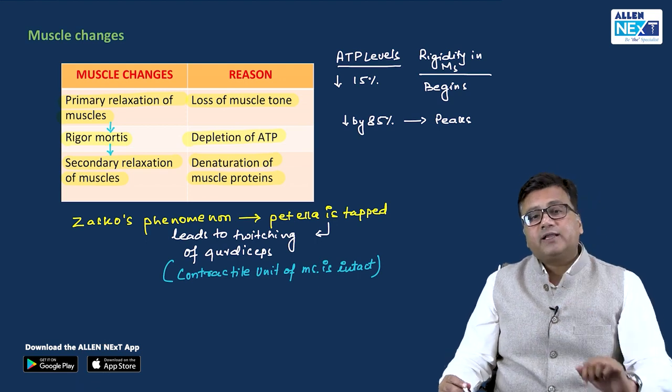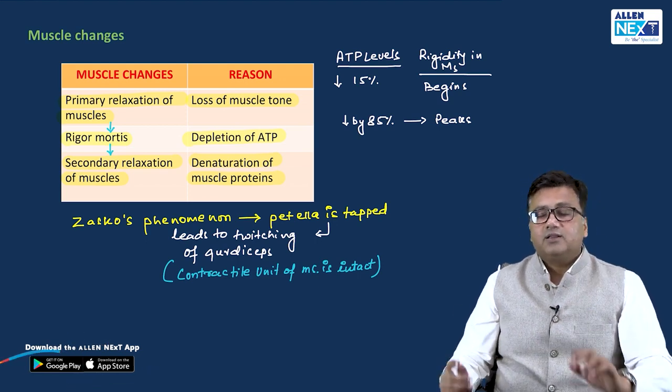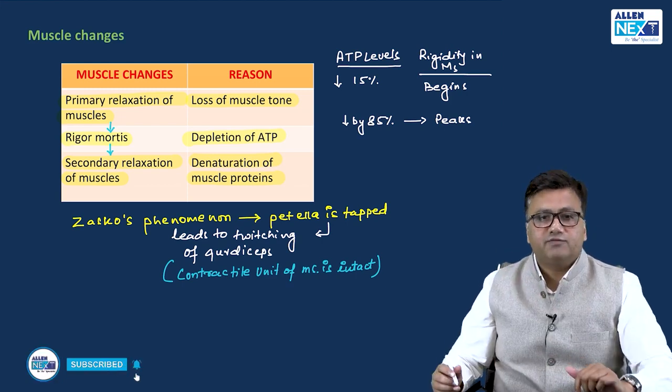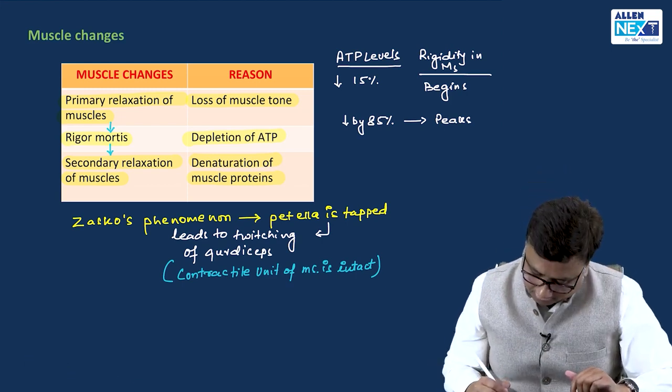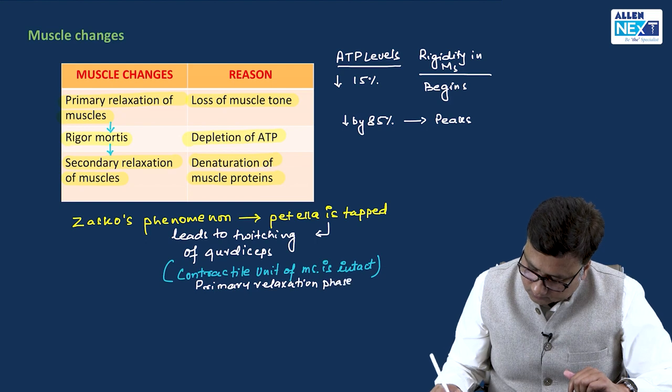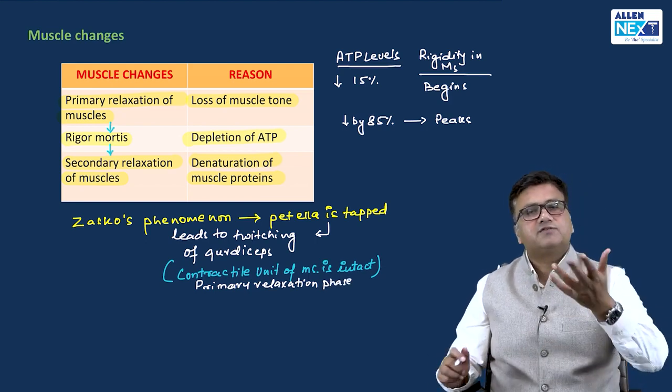And when is the contractile unit of muscle intact? The contractile unit of muscle is intact in the primary relaxation phase, which is the first phase.